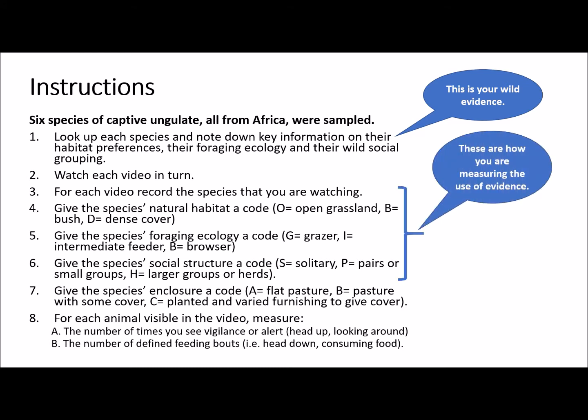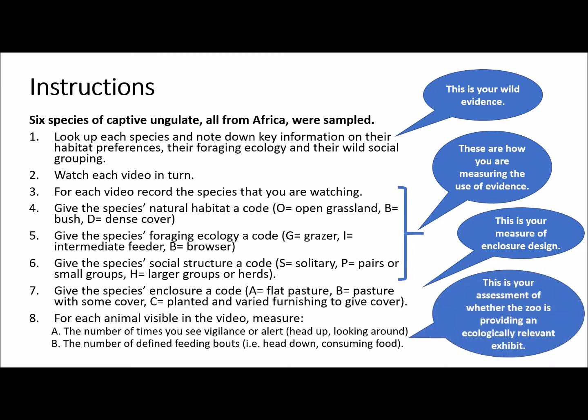Points 2, 3, 4, 5 and 6 give you an idea of how you're going to measure this evidence to evaluate what you see in captivity. So you've got your reliable source, which is the IUCN. You've coded how that information might be assessed in the zoo. You have then assessed what the animal gets by coding the provision within the enclosure.